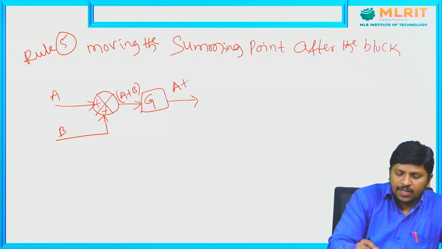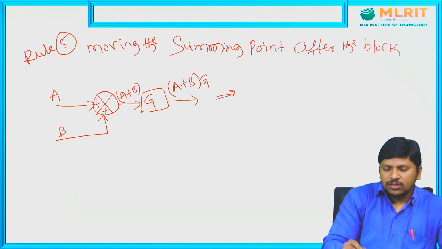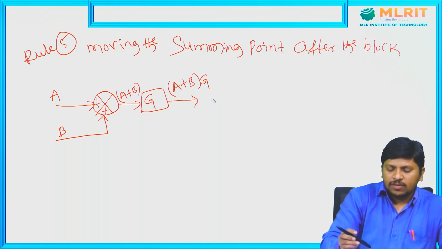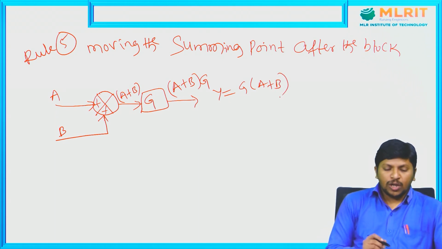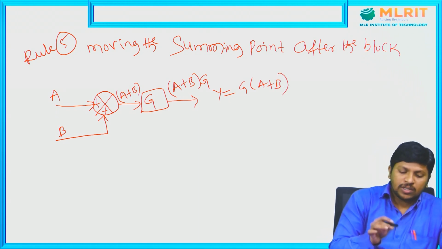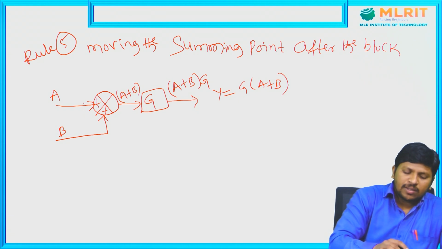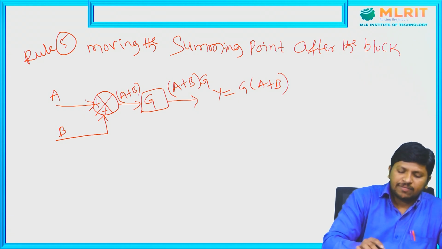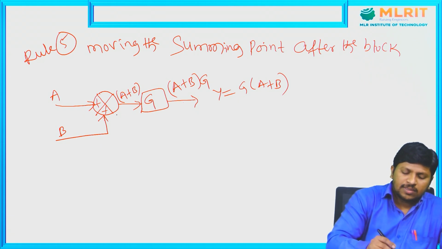A plus B into G. This is the output. Y equals G of A plus B. Right. Now I am going to shift, or else I am going to move this summing point after the block.